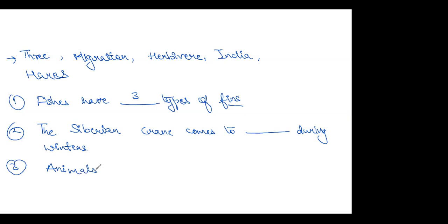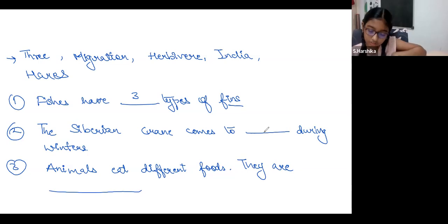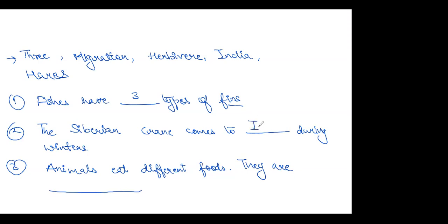Next is animals eat different foods. They are dash. So what comes in second blank? India comes. India. And in the third one?